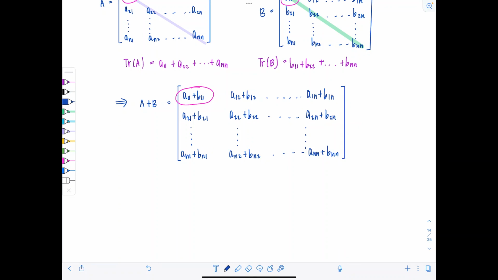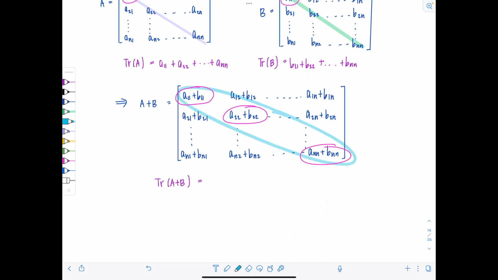So could you tell me what the trace of this matrix is? The trace of A plus B is the sum of the diagonal entries. So all of these guys basically.